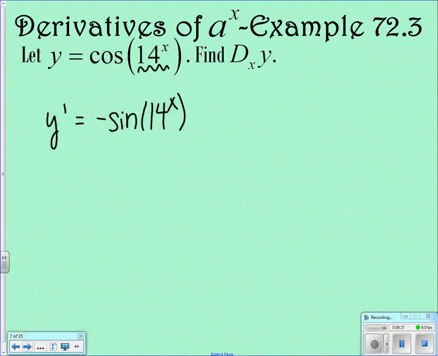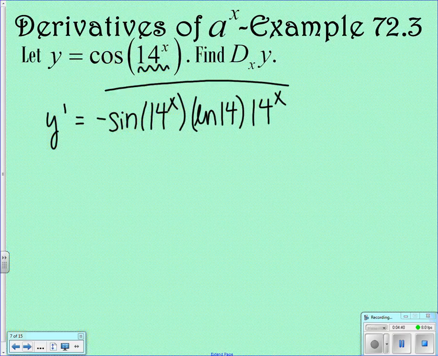The derivative of that is going to be ln of 14, and then times 14 to the x. And now that you've taken the derivative, this whole thing would be your answer. Okay, so those are some examples of how you take the derivative of a number raised to an x.